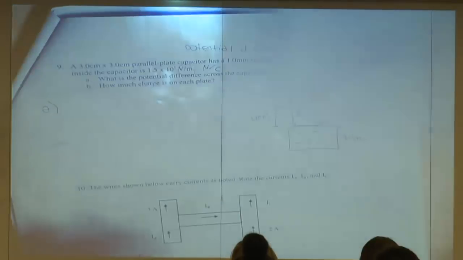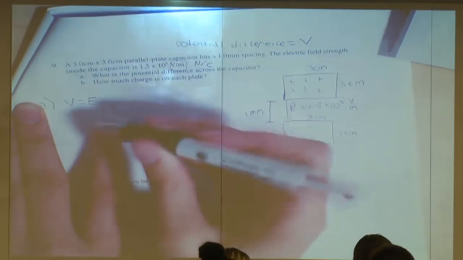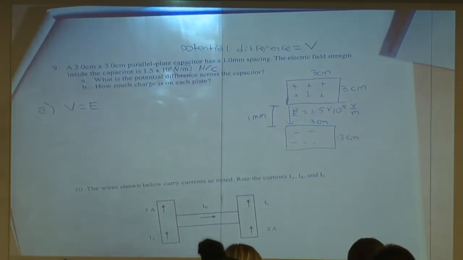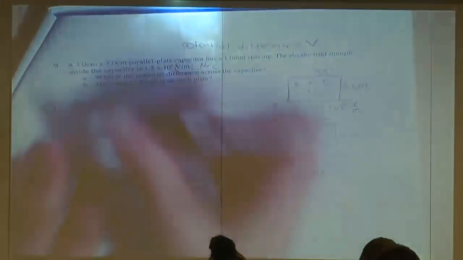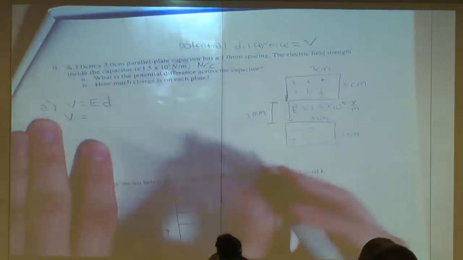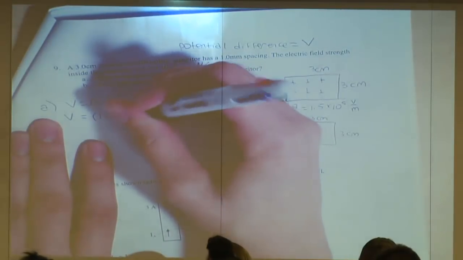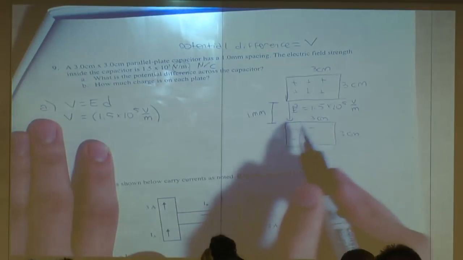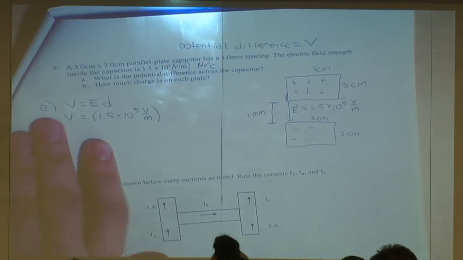I'm going to write it as V equals ED. Just remember the voltage is the electric field times the distance between the plates for a parallel plate capacitor. Okay, so V equals ED. We're given the 1.5 times 10 to the 5th volts per meter, and then times the 1 millimeter. So 1 millimeter is going to be 1 times 10 to the negative third meters, right, because it's millimeters.